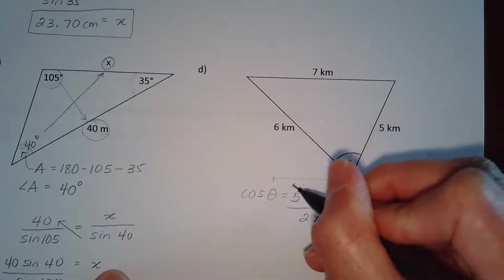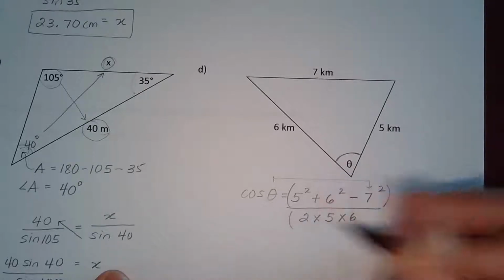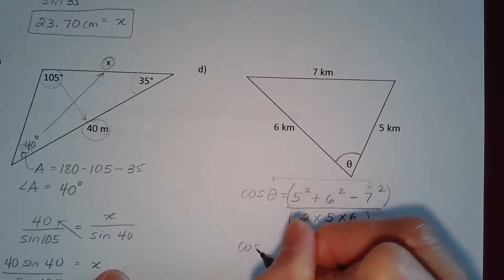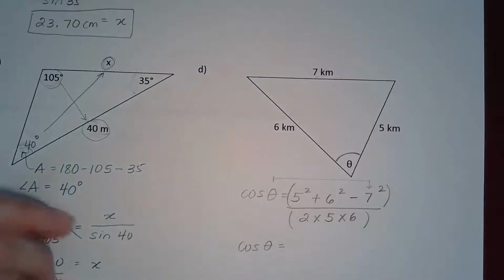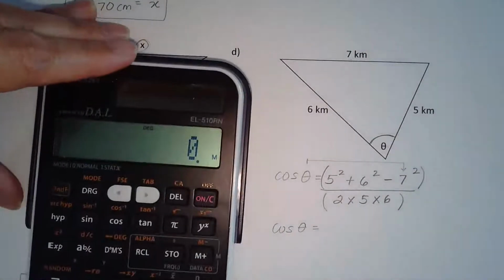Last time I said that we can put everything in a calculator, but we have to make sure we put brackets on each end of the numerator and each end of the denominator so that we can do all of that at once. So cos theta equals, now it's a matter of typing that in.